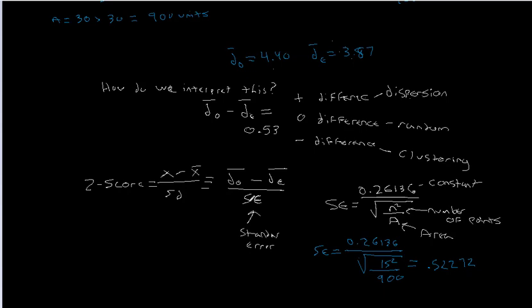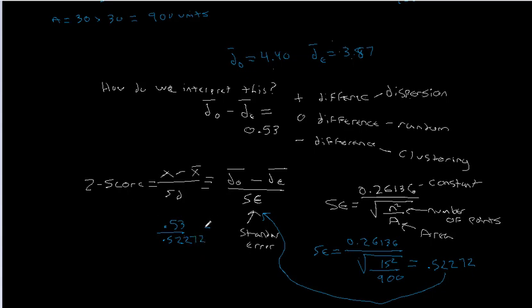So then we would go ahead and plug that back into this equation. This standard error here is going to go back into there. We already have our D observed minus our D expected. So we would just take 0.53 divided by 0.5272.